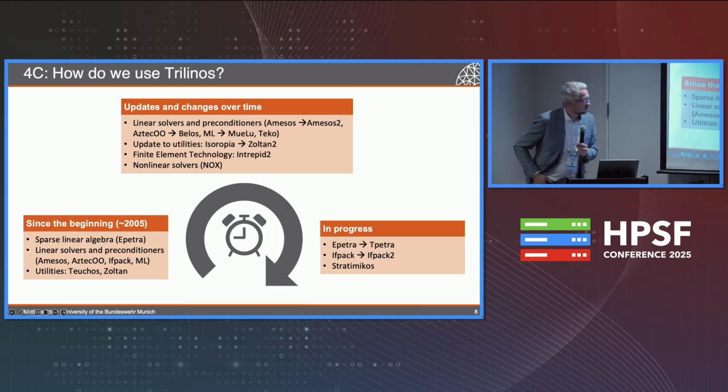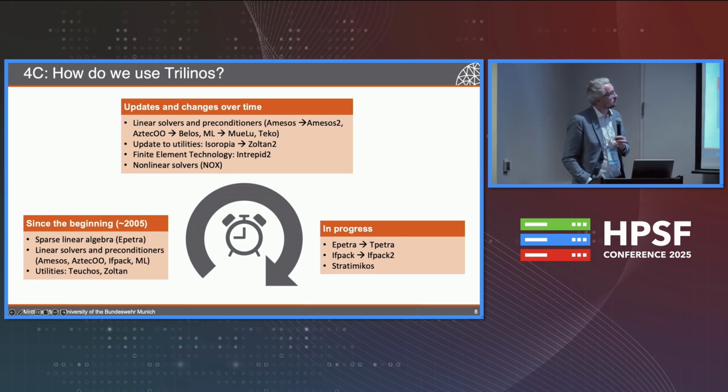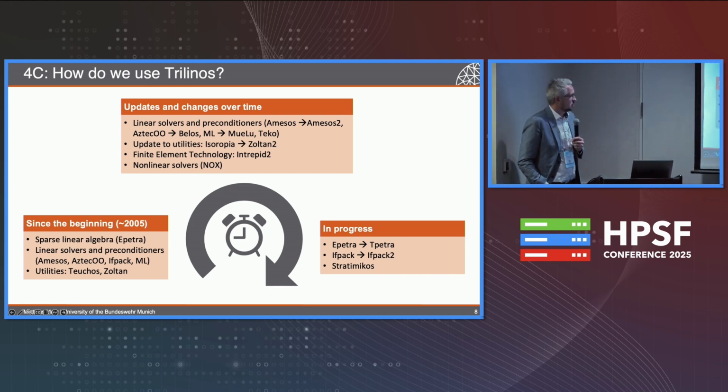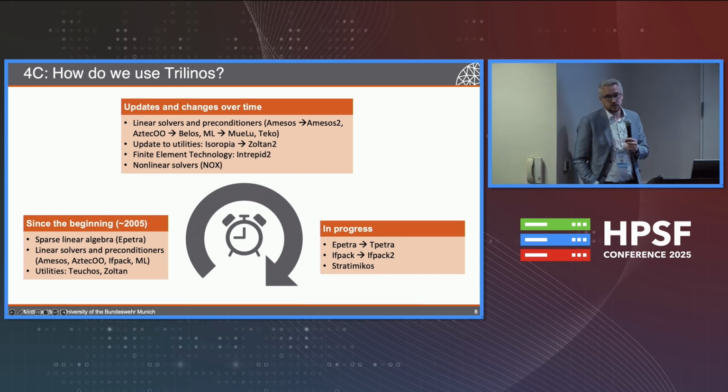Some part of history, how we use Trilinos. It all started in 2005 by Michael Chi coming back from Sandia and bringing Trilinos with him. That's when he started this code based on Epetra for sparse linear algebra, then some linear solvers and preconditioners, mostly Amesos, AztecOO, Ifpack, and ML, and then some utility packages.